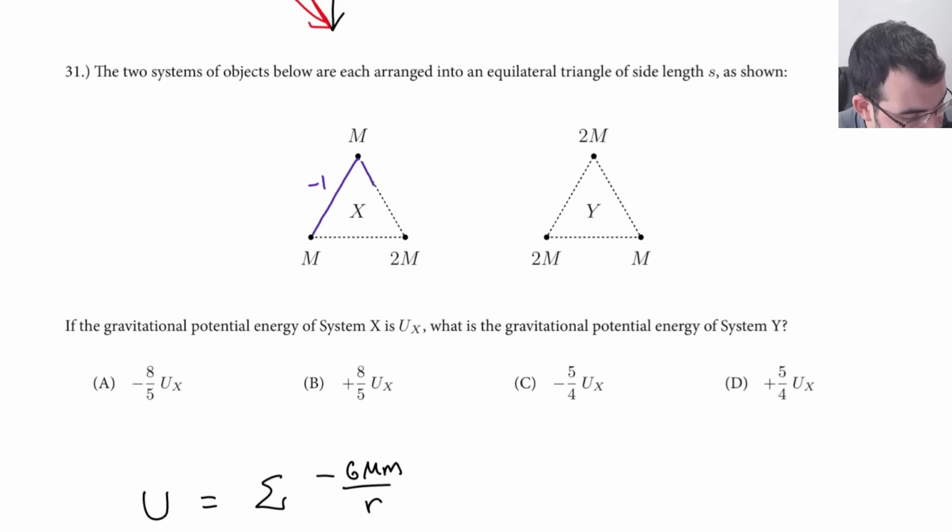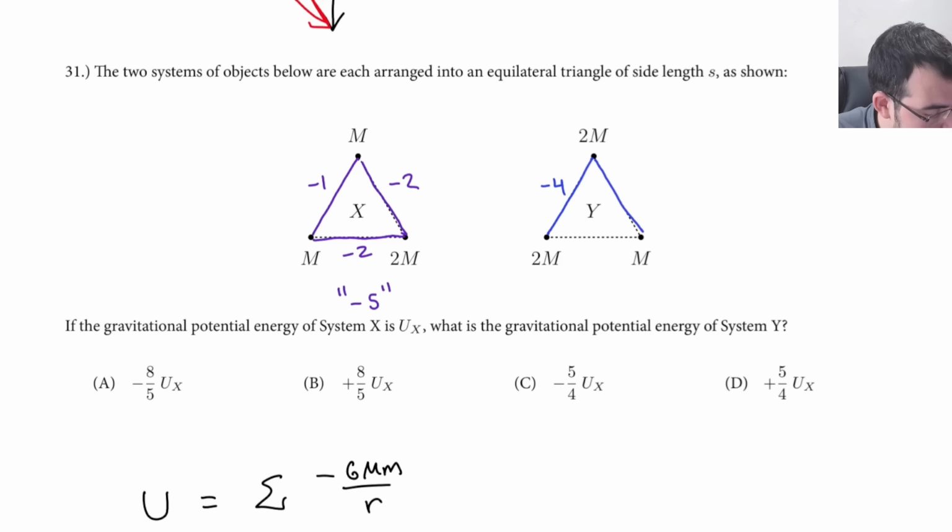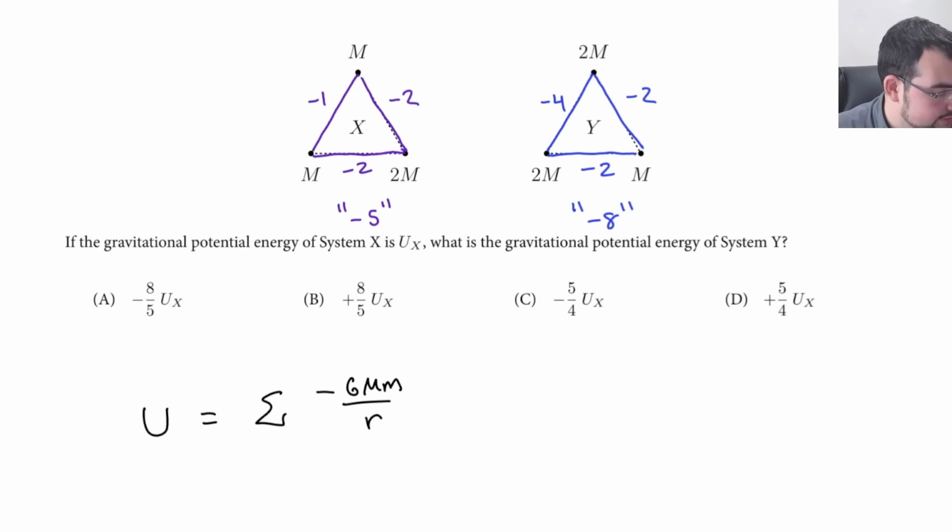So this is worth -1, 1 and 2 is worth -2, 2 and 1 is worth -2, so this energy is -5. Then over here, we have 2 and 2, which is worth -4. We have 2 and 1, which is worth -2, and we have 2 and 2, which is worth -2. So that energy is worth essentially -8 when we sum up all the pairs.